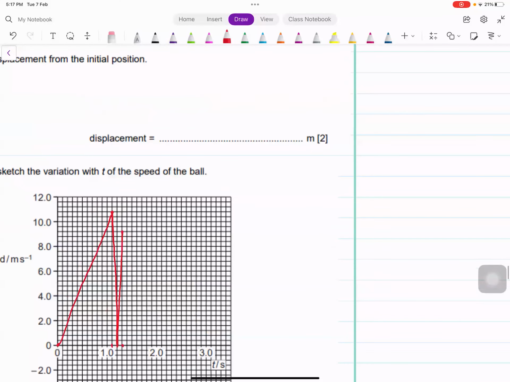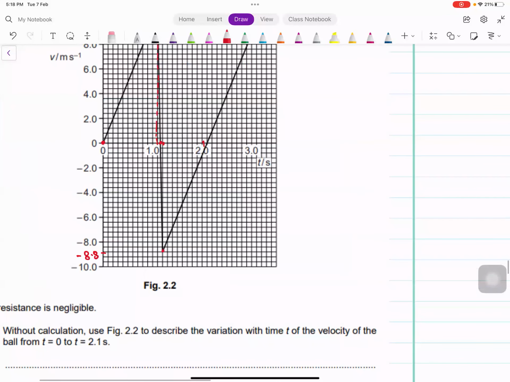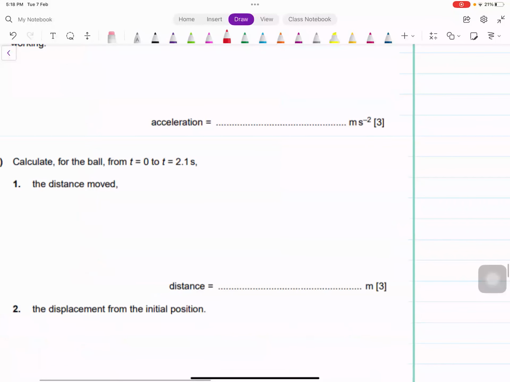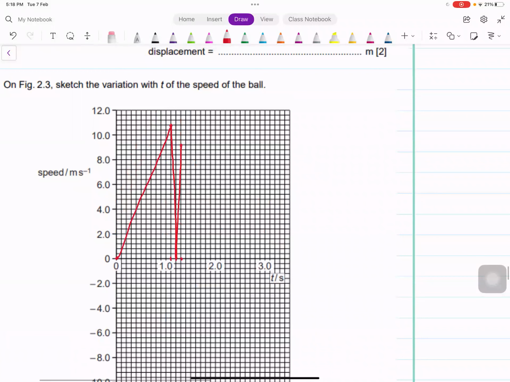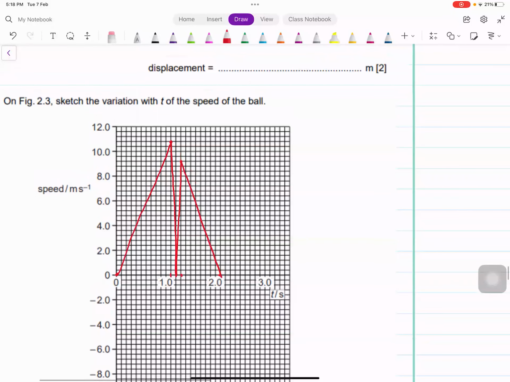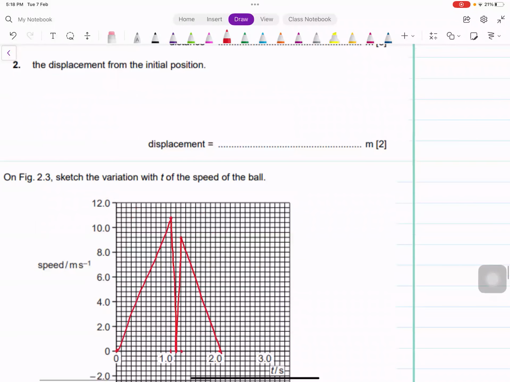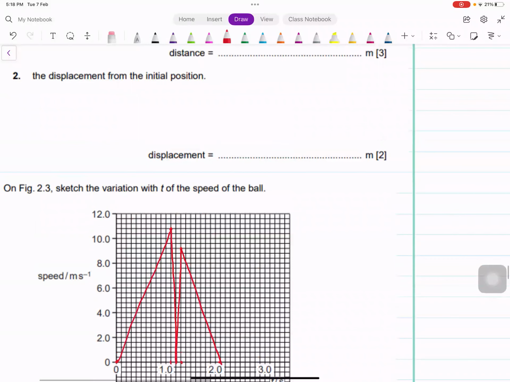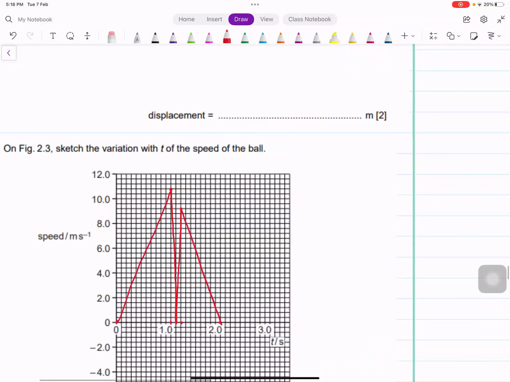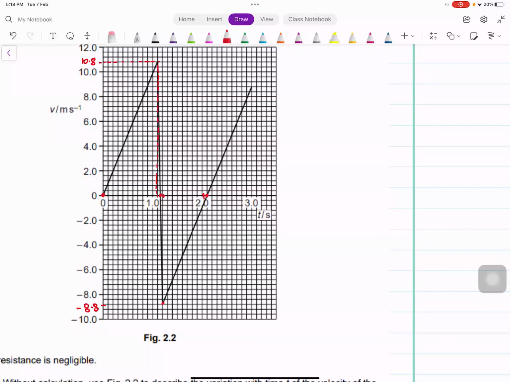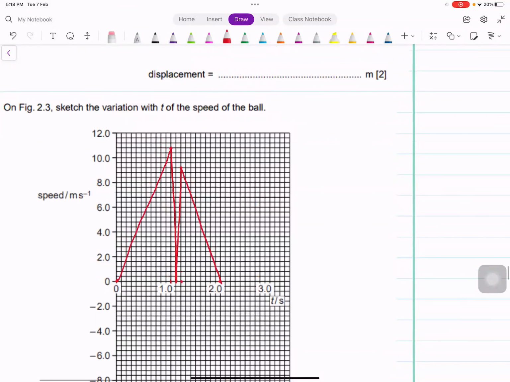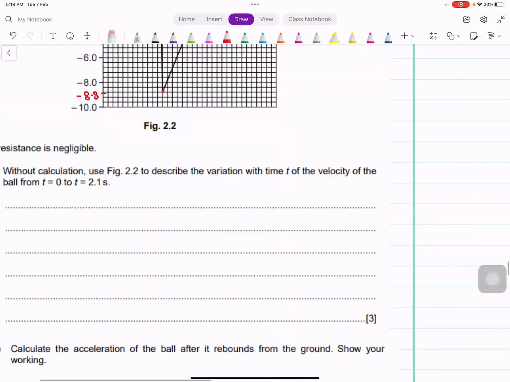Finally, from 8.8, you got to go to 0 in about 2.1 seconds. So you go to 2.1 and then go to 0, straight line. And then the same cycle repeats, where you got to go from here till 8.8 again. So you go here, and what time is that? That's exactly at 3.